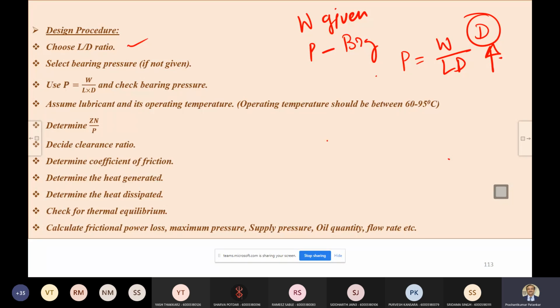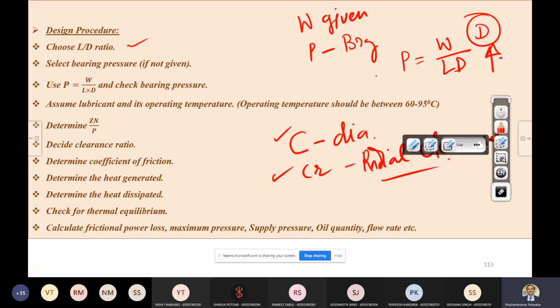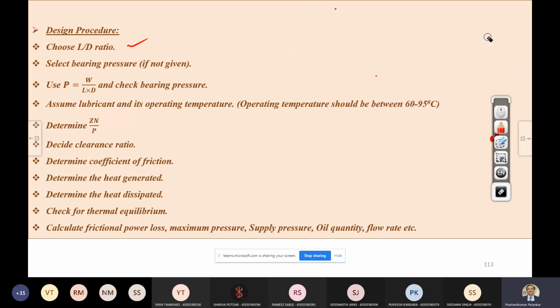Because if you remember, I talked about the diametral clearance, that capital C is your diametral clearance, and capital C suffix R is your radial clearance. So we have to decide this diametral clearance, radial clearance, and for that we need the dimensions of the hole and the shaft. So for that purpose we are doing this exercise.